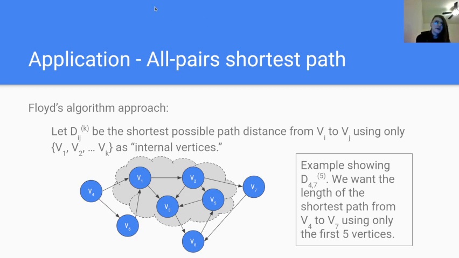And he defined it this way: let D, this is some funky kind of notation, but bear with me, D of ij with k in the superscript, so D of ij k, be the shortest possible path distance from vertex i to vertex j, using only the first k vertices as internal vertices. We're going to go through exactly what that means.